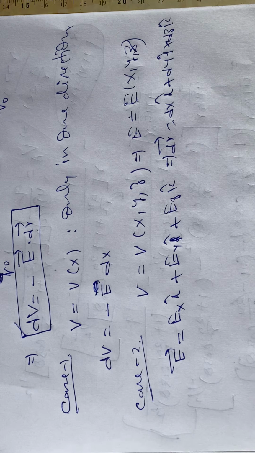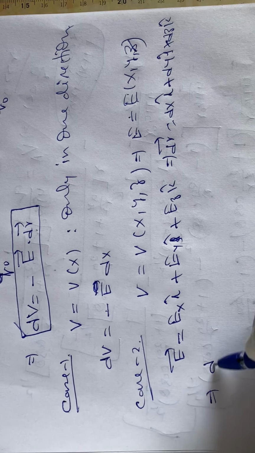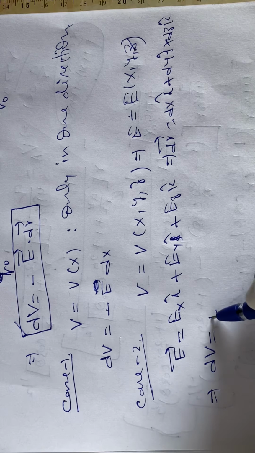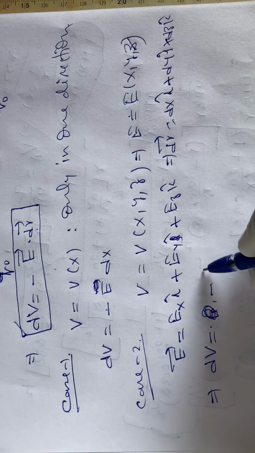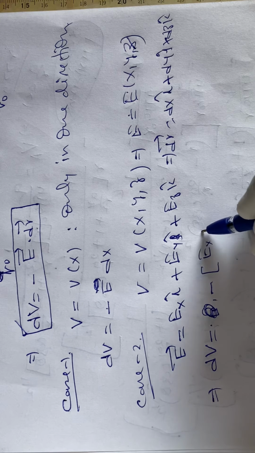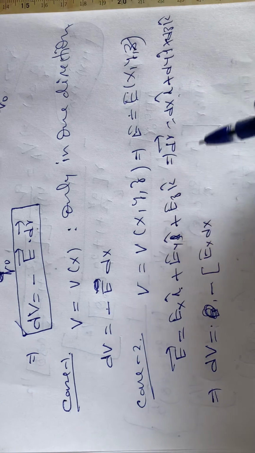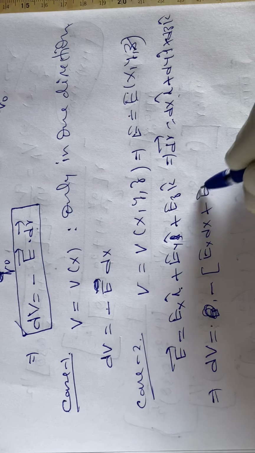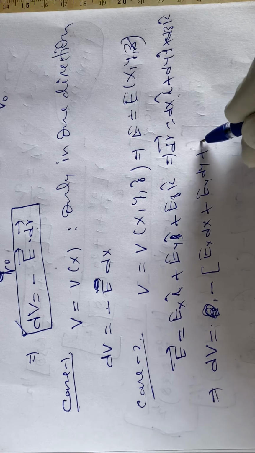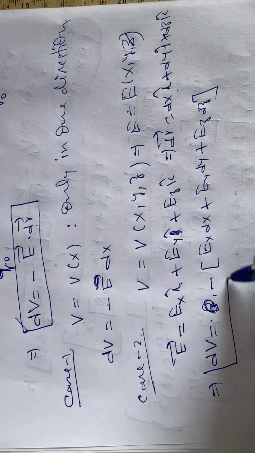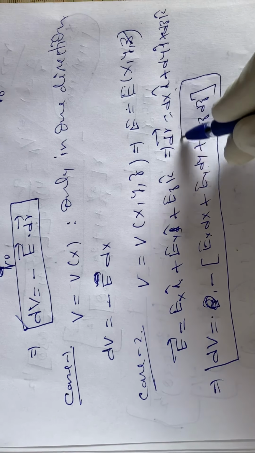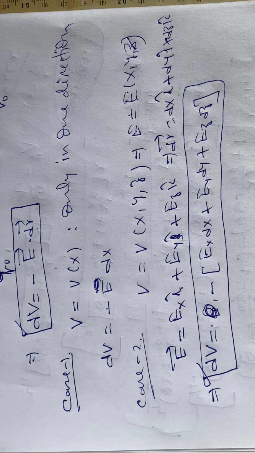So E dot dr means dV is equal to minus of Ex dx, because i dot i becomes 1, plus Ey dy plus Ez dz. This is a general expression for the relation between electric potential and electric field.